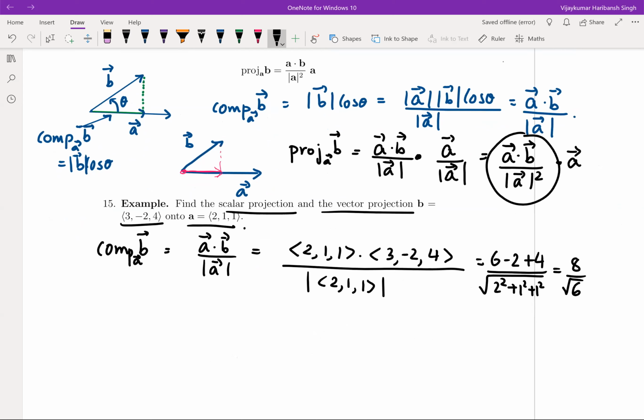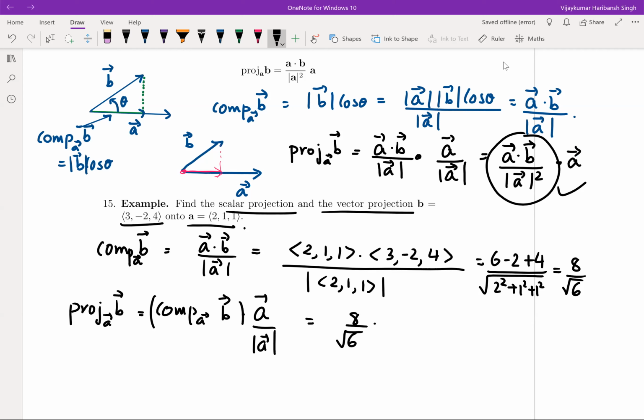Now what about the vector projection? For the vector projection of B onto A, either I can use this formula here, or I can just take the component we have already computed, multiply it, and give it the direction of vector A divided by the length of A. So this is going to be 8 over the square root of 6 times the vector (2, 1, 1) divided by the length of vector A, which is the square root of 6, because that computation we have already done.